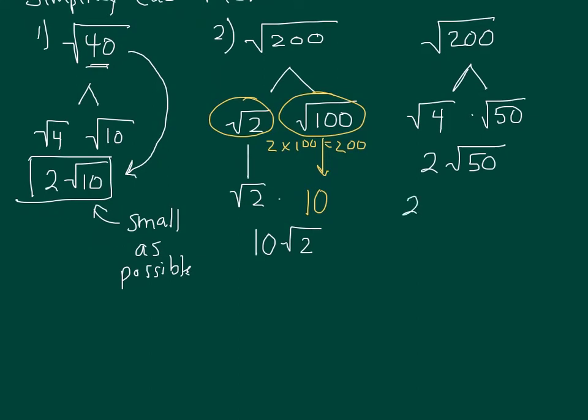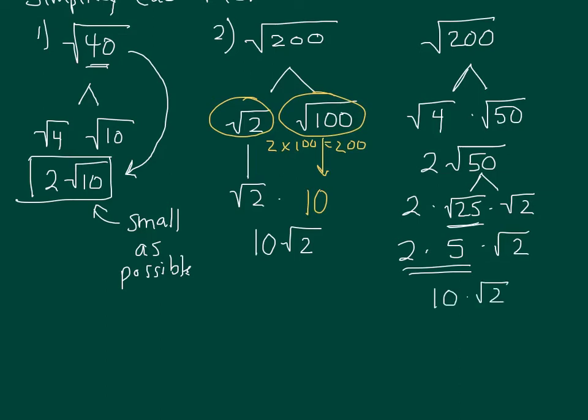So this becomes 2 times radical 25 times radical 2. Or in other words, it's 2 times, what's the square root of 25? It's a nice and easy 5 times radical 2. And then 2 times 5, we can put that together. 2 times 5 is 10 times radical 2.